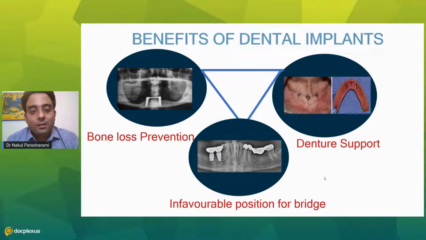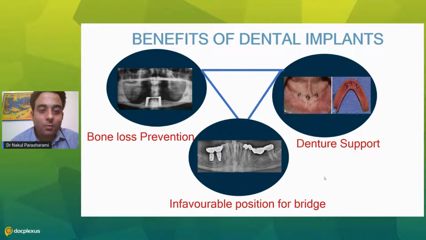If you look at the third OPG in this slide, you can see that there is no proper support to the teeth on the posterior side. Now, if you give a removable prosthesis in such a case, it is very uncomfortable for the patient because of the additional tongue movement.